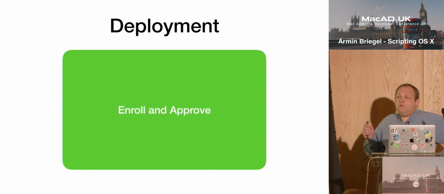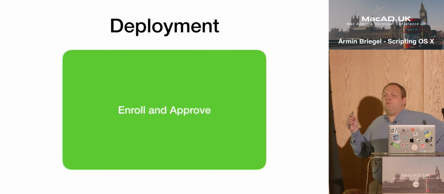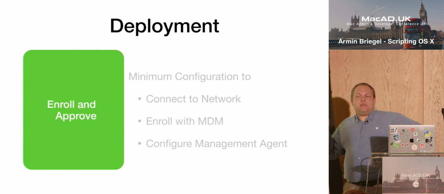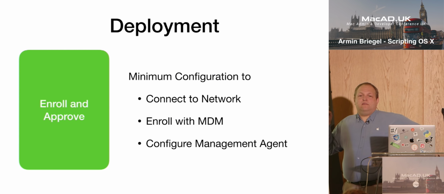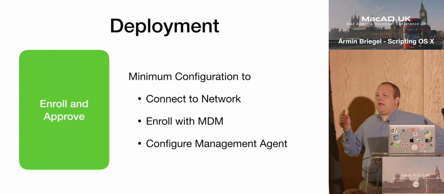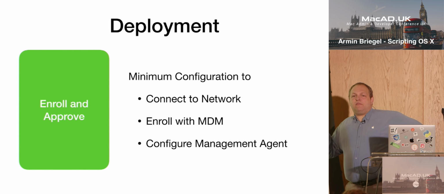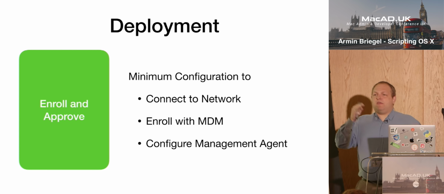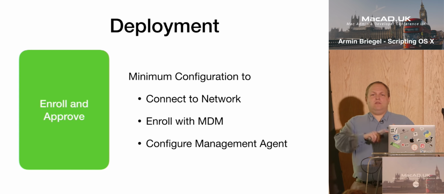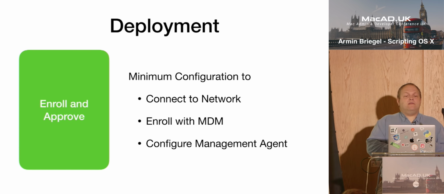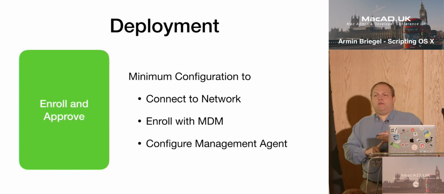So the enroll and approve stage of deployment, that's the crucial one when you talk about deployment. And you should minimize that to as little as possible. I see many people in the Mac admin Slack who try to make the enrollment process their replacement for imaging. They throw everything in there. Oh yeah, and I can install Office and Google Chrome and configure this and that. You shouldn't put that in the enroll and approve phase.